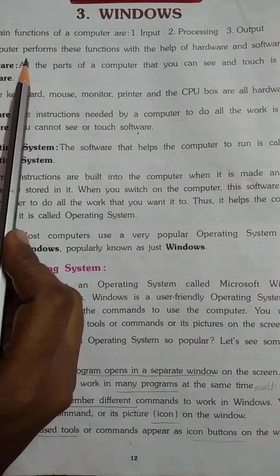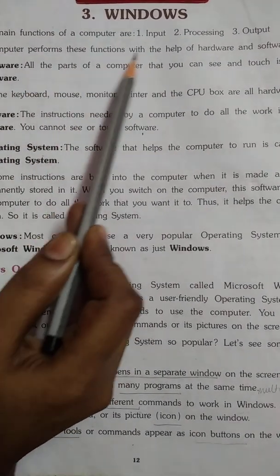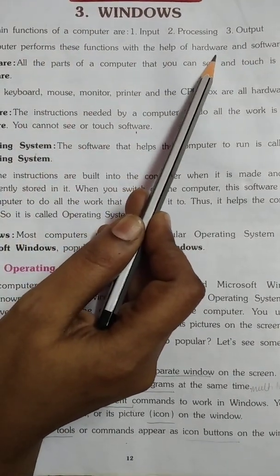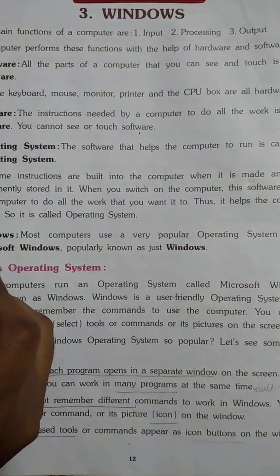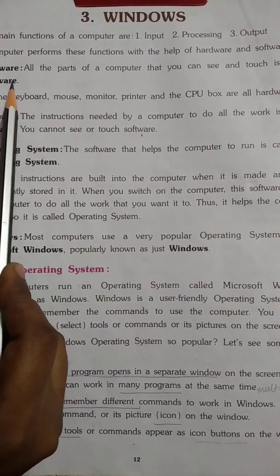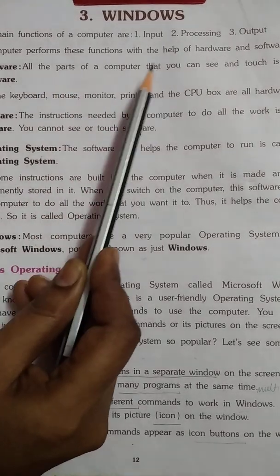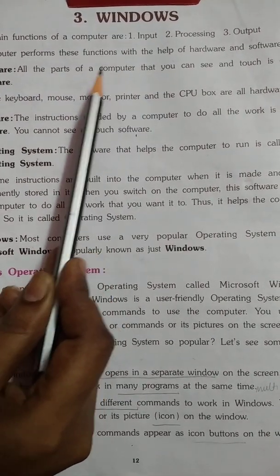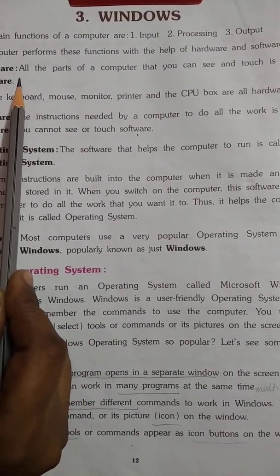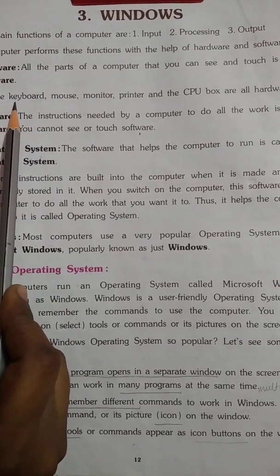Now to perform these functions, a computer requires the help of hardware and software. What is hardware? Again, you studied hardware in lesson number 2. Hardware are the parts that you can see and touch, the parts you can feel.